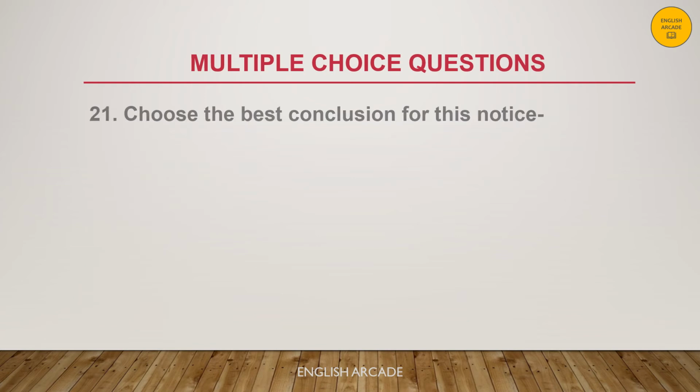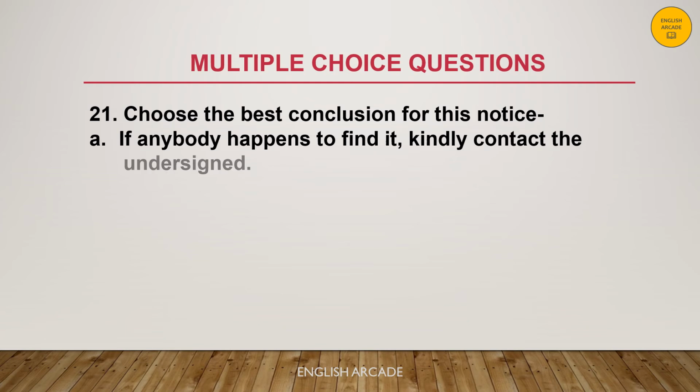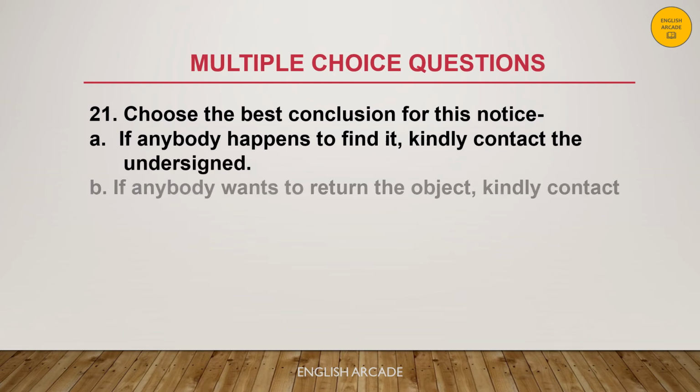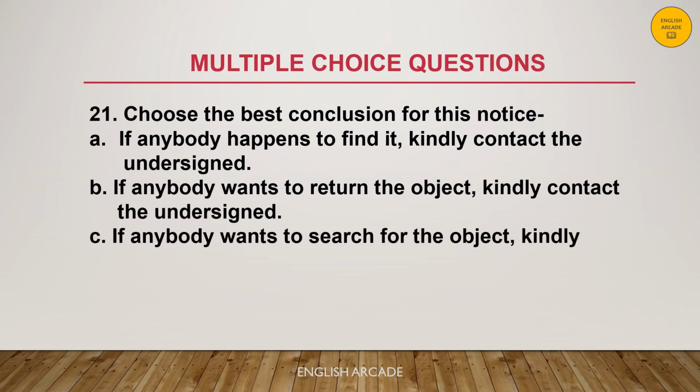Question 21. Choose the best conclusion for this notice. Option A. If anyone happens to find it, kindly contact the undersigned. B. If anyone wants to return the object, kindly contact the undersigned. C. If anyone wants to search for the object, kindly contact the undersigned.